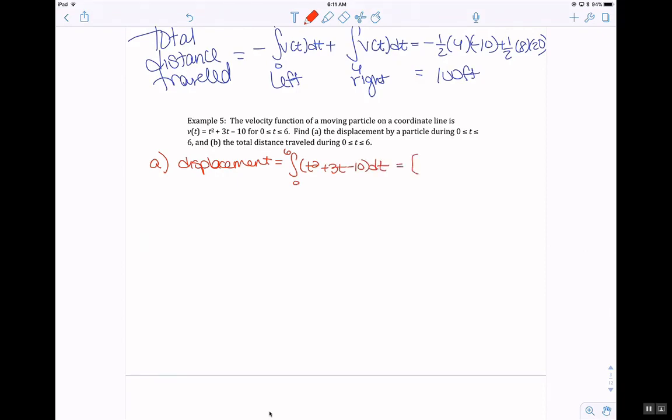And so you take your antiderivative, so you get 1/3 t cubed plus 3/2 t squared minus 10t. And you're evaluating from 0 to 6. So you plug in all your 6's minus when you plug in all your 0's, and you should get 66.